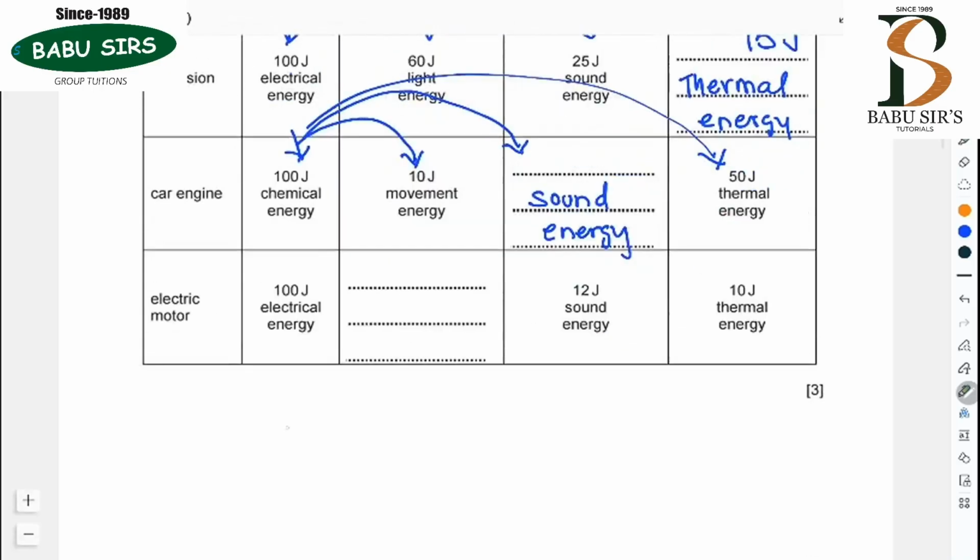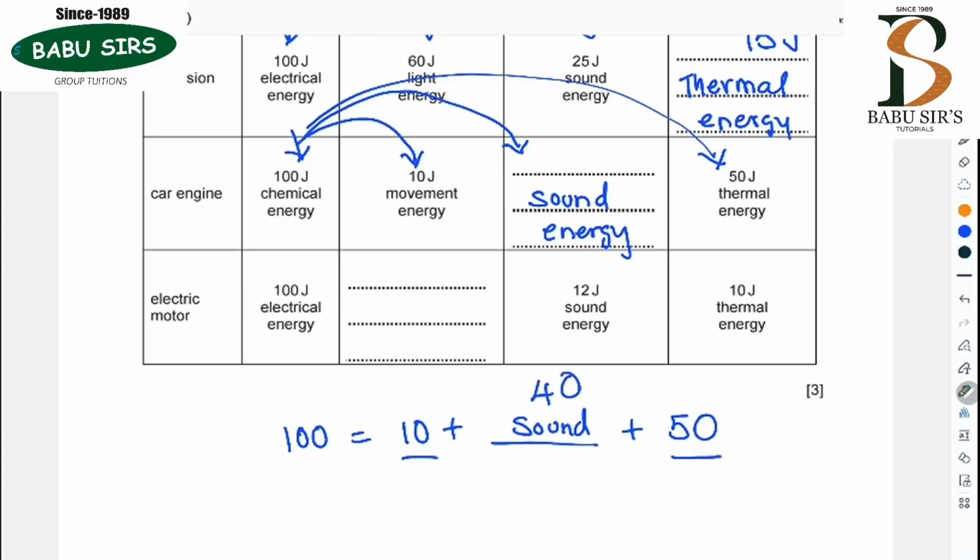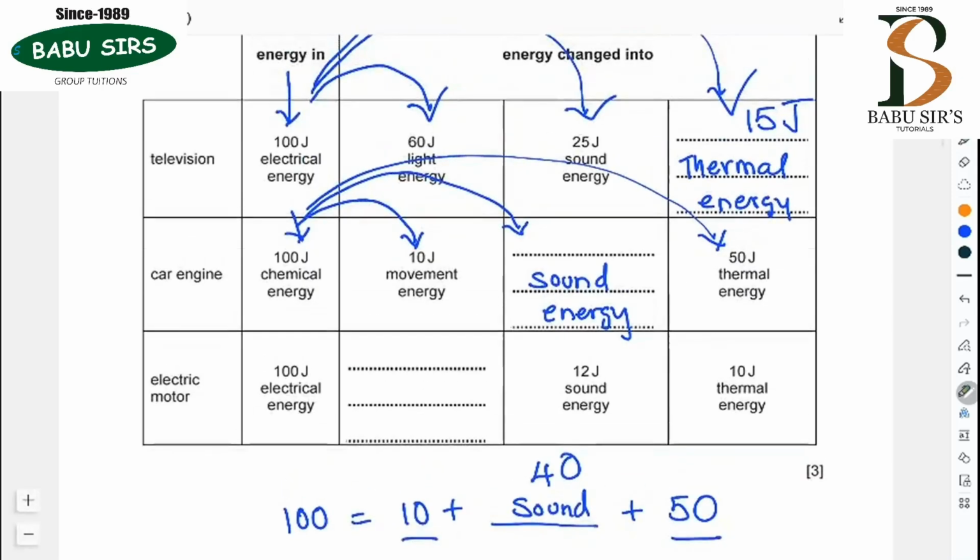So 100 is equal to 10 plus sound, that you have to calculate, plus 50. So 10 plus 50 is 60. So sound is how much? 40. So here we'll put sound is 40 joules.